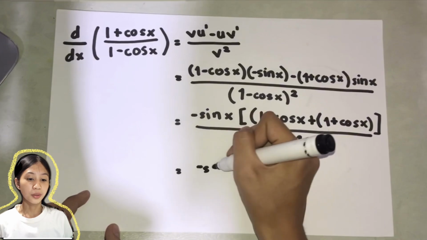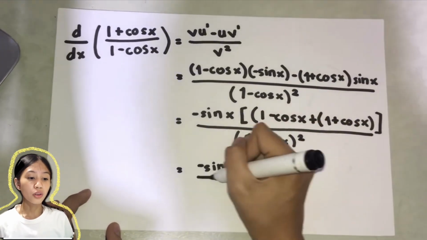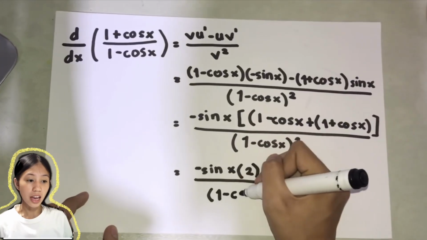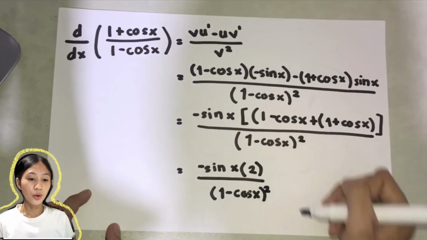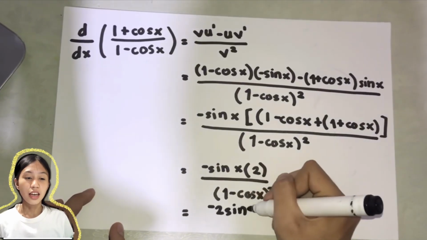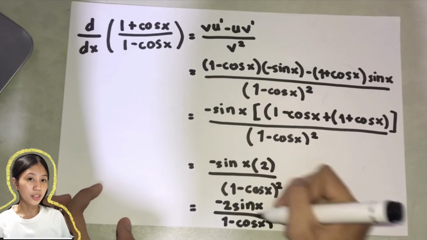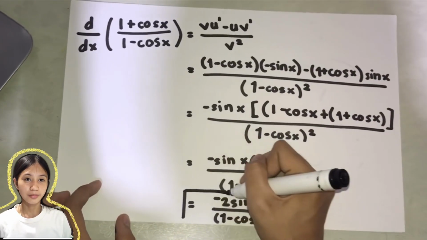So, the expression becomes negative 2 sine x over 1 minus cosine x squared. So, therefore, the derivative of the function is negative 2 sine x over the quantity 1 minus cosine x squared.